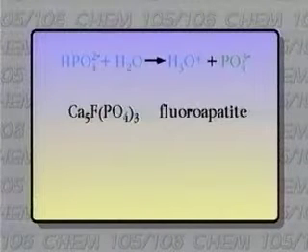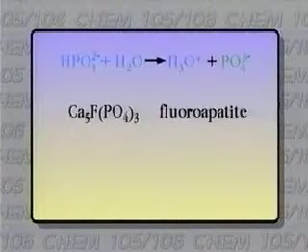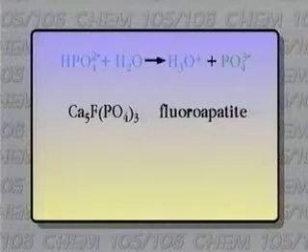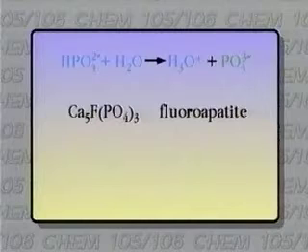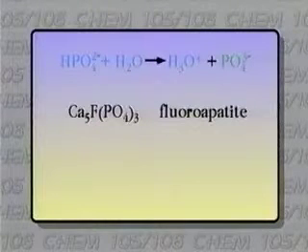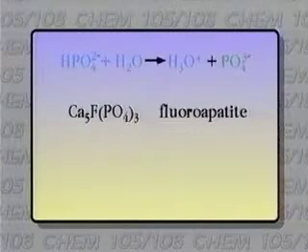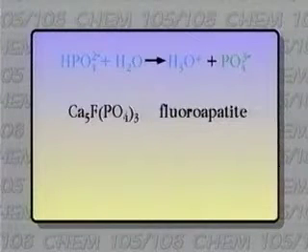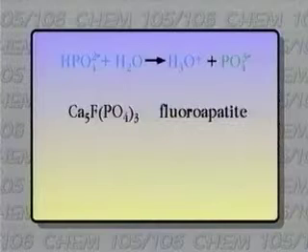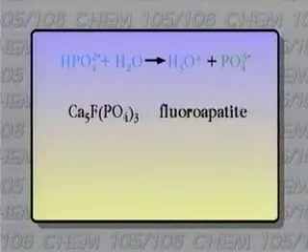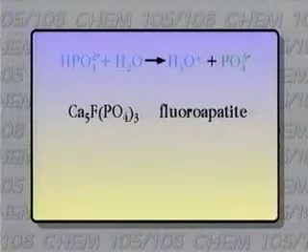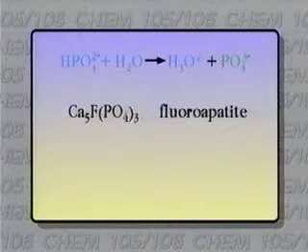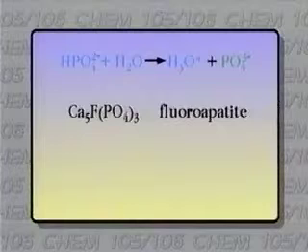This is then reacted with sulfuric acid, H2SO4, and in a series of reactions, this phosphate is converted to H3PO4. We also produce some hydrofluoric acid in the process, and we produce a compound of calcium sulfate, which is known as gypsum. But the ore that we start with is called fluoroapatite.